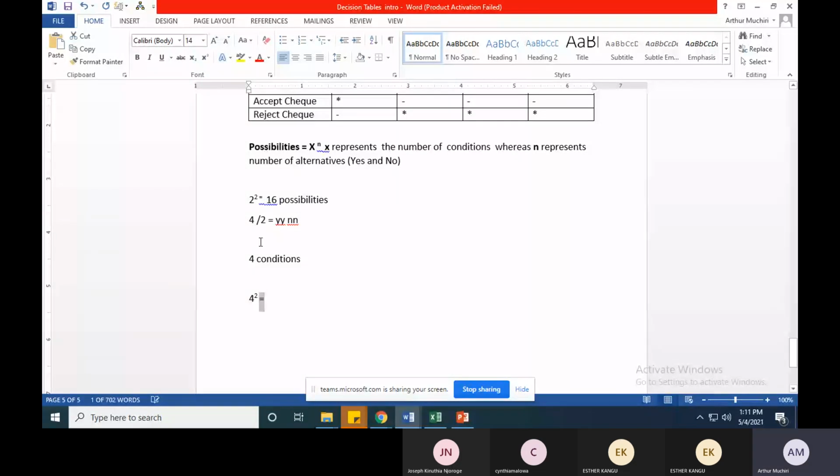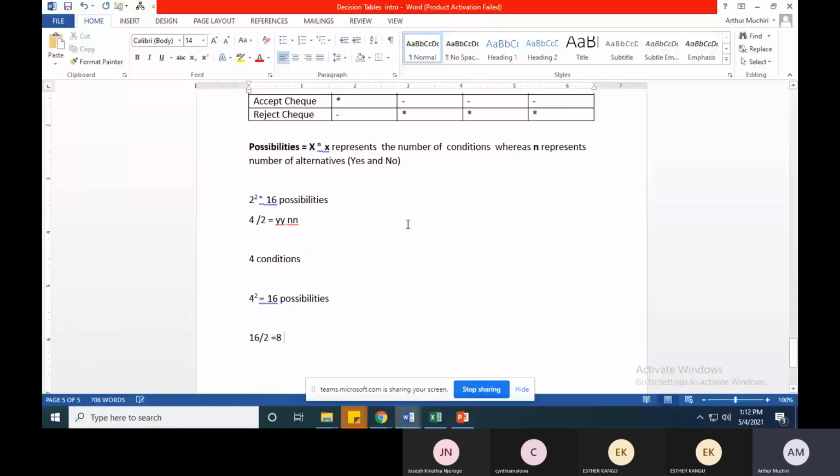Yeah, so 16 possibilities. Then you divide these 16 possibilities again by the number of alternatives. We have 2 alternatives. So 16 divided by 2, this will be 8.